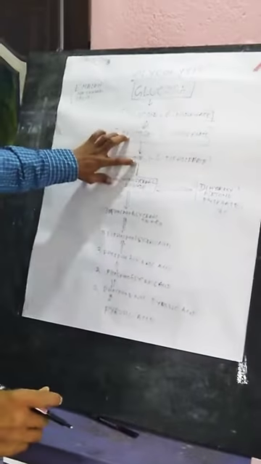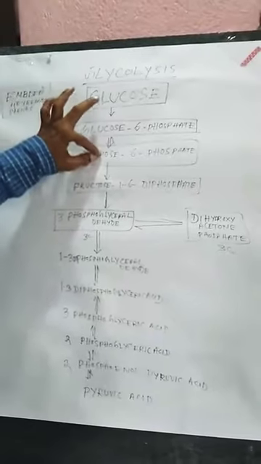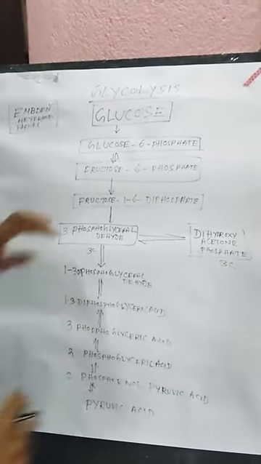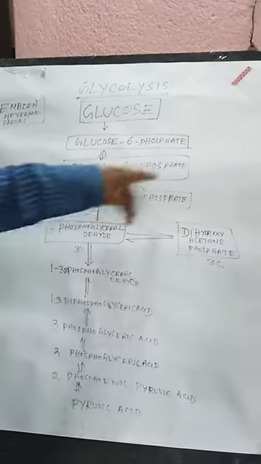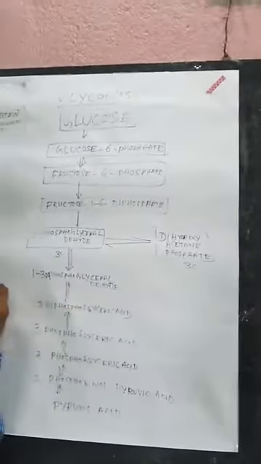So 1, 2, 3, 4, 5, 6, 7, 8, 9, 10: 10 step reactions. These are enzymatic reactions. So what is the enzyme? Remember these steps: glucose 6-phosphate, fructose 6-phosphate, fructose 1,6-diphosphate, which splits into 3-phosphoglyceraldehyde and dihydroxyacetone phosphate, 3C, 2 molecules.